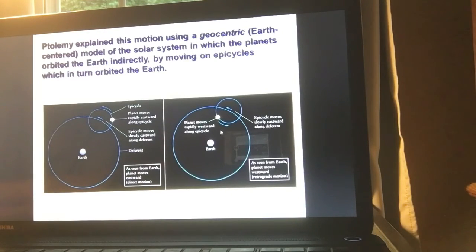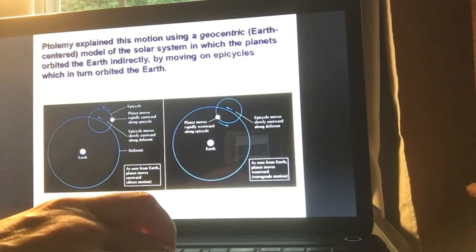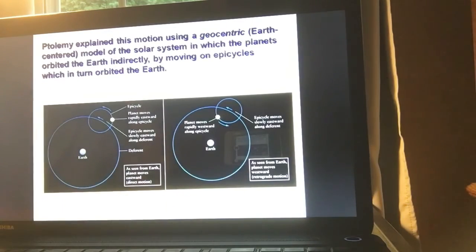Okay, so that's how people used the geocentric model to try to explain the special kind of motion the planet moved over a certain period of time.